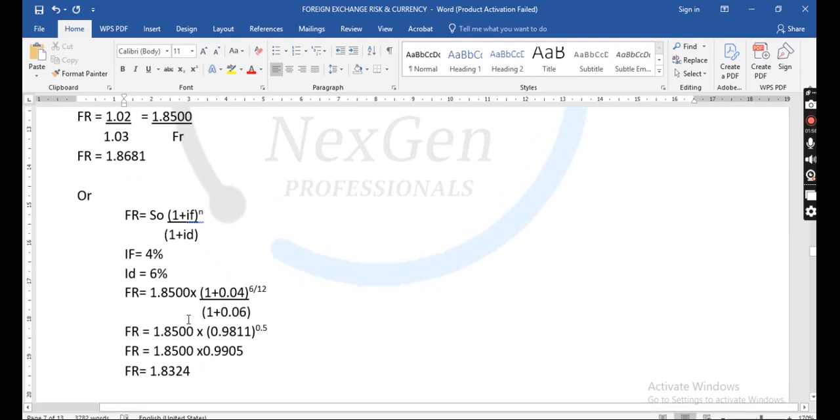If we try to change the formula by getting the value of the forward rate, we are going to get the same thing. If you do 1 plus ID divided by IF, we'll get the same thing. But I don't know if that's how the formula used to be. That's fine.